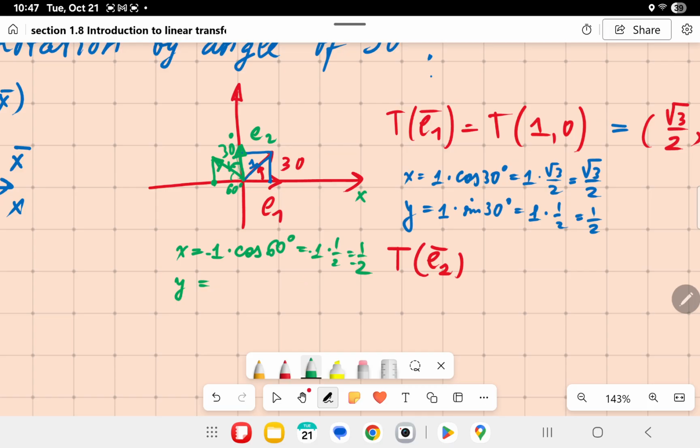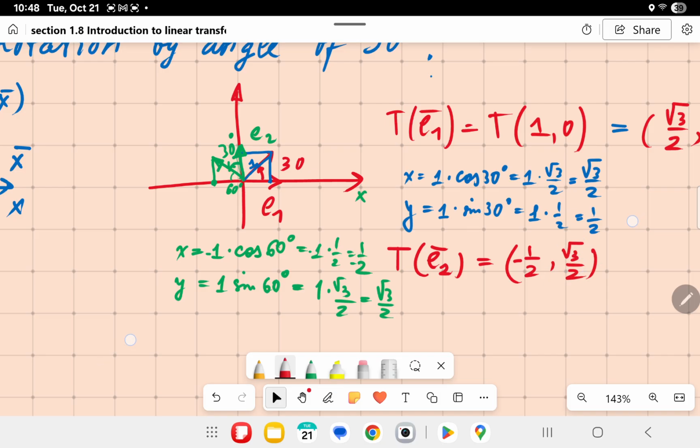For y, it's still going to be 1 by sine, and the angle in the triangle here is 60 degrees too. That's 1 multiplied by square root of 3 over 2, which is square root of 3 over 2. So I'm going to write down the answer here, and that's going to be minus 1/2 and square root of 3 over 2.